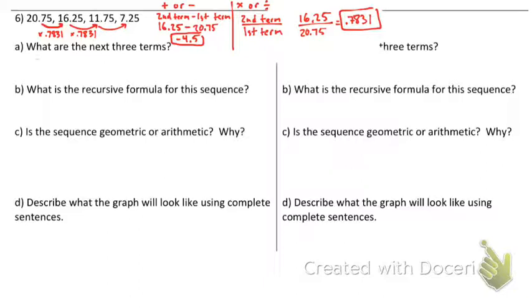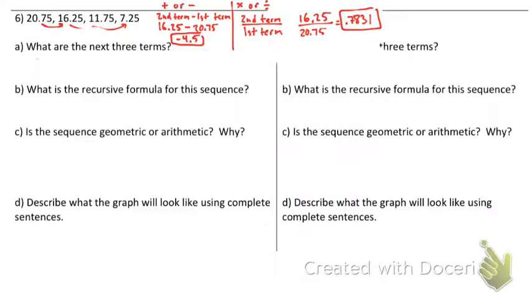And if you do that, what you actually get is not 11.75, you get 12.72, which tells me this is not the correct thing. We are not multiplying or dividing. So that means this was bad.